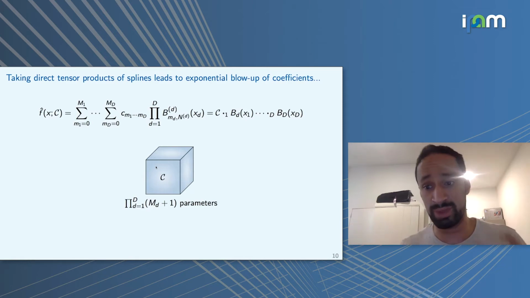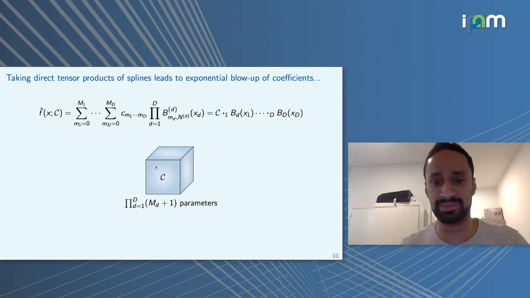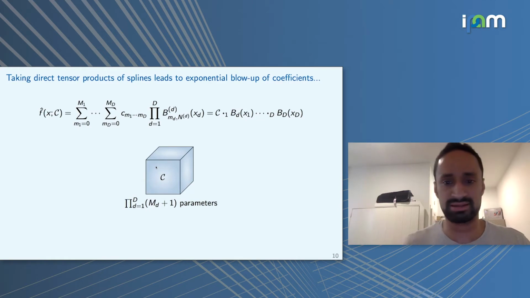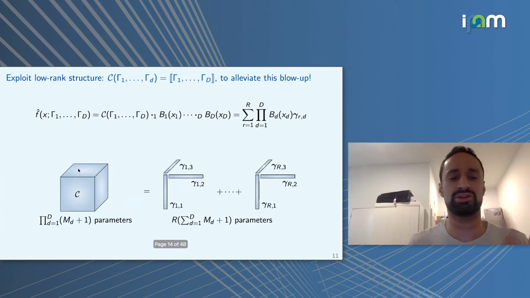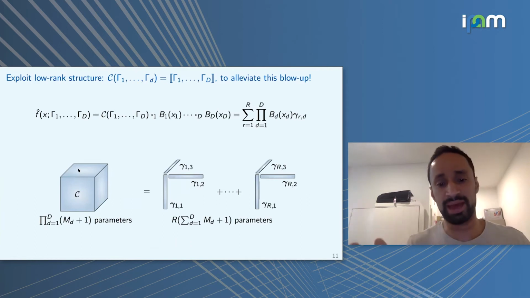So one of the assumptions we make is, what if this tensor has an additional structure, so that it has a low rank expansion? We assume that this tensor has low rank, and we expand it into a polyadic decomposition.